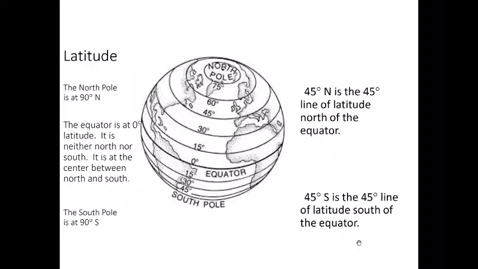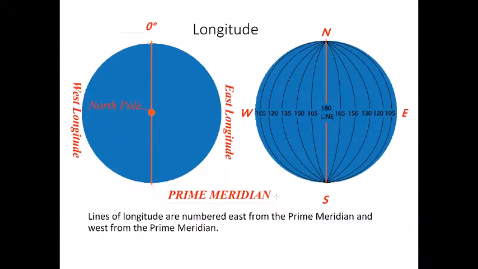Now we need the other coordinate to complete the process, because at 30 degrees the point can lie anywhere. For that we have the lines of longitude. The lines of longitude are perpendicular to the lines of latitude, and they are represented as 0 degrees at the prime meridian, and they are useful in determining the time at different locations of the Earth.